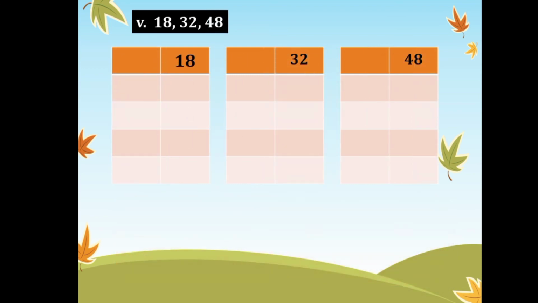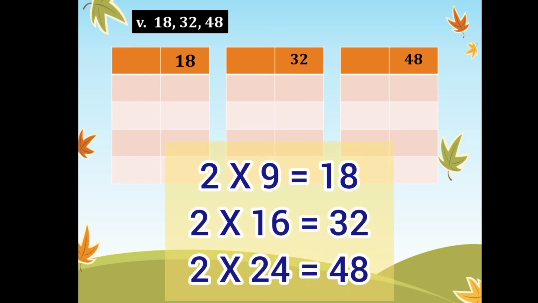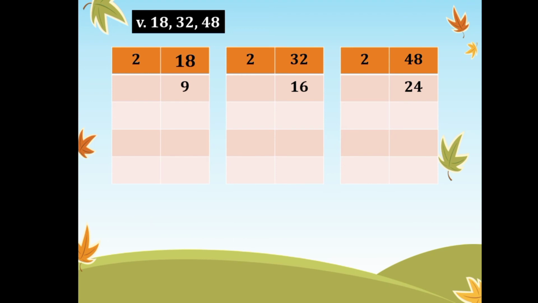Move on to the next question, that is question number 5: 18, 32 and 48 all together. We divide by 2, because all three numbers are even. 2 9s are 18, 2 16s are 32 and 2 24s are 48.